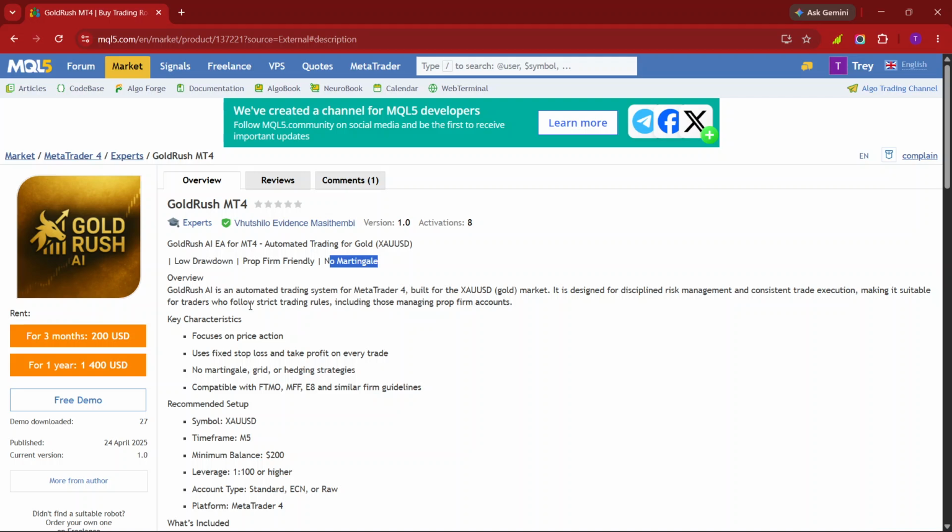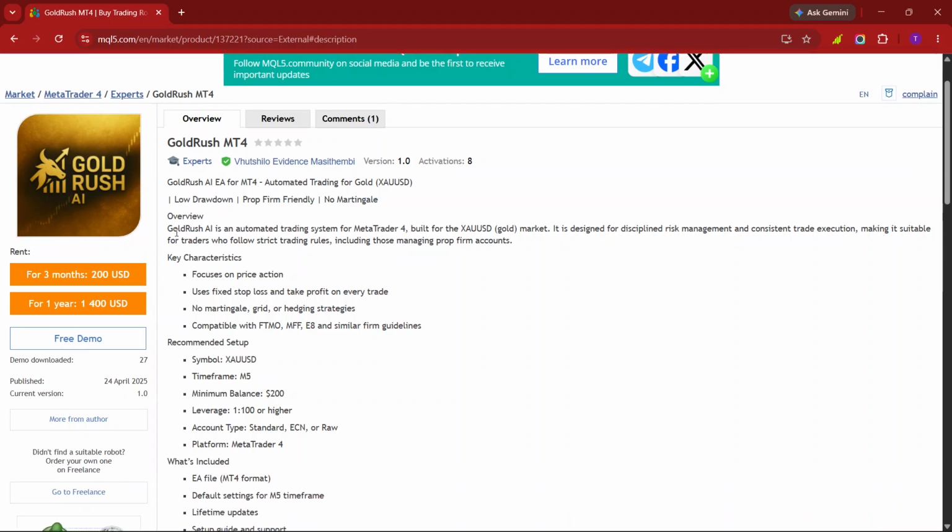Now let's start with what the developer actually says powers this EA. I'm going to be reading straight from the product page, so you can join me. GoldRush AI is described as an automated trading system built for the gold market.